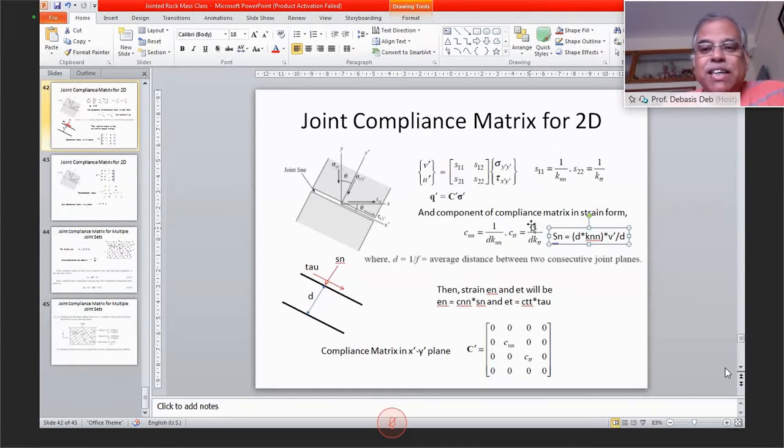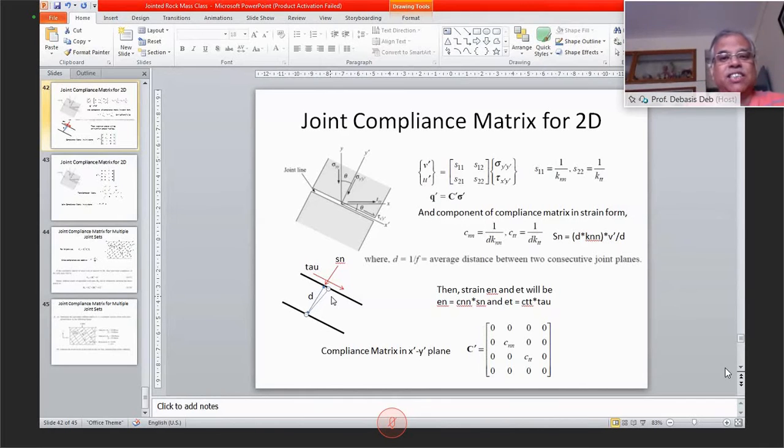Now in the shear direction, how did this come? Can anybody tell me? In the shear direction also D came. Can you prove that? Let me give you a hint. Let's say the shear direction displacement is this much, from here to here it came, this is U. Okay.